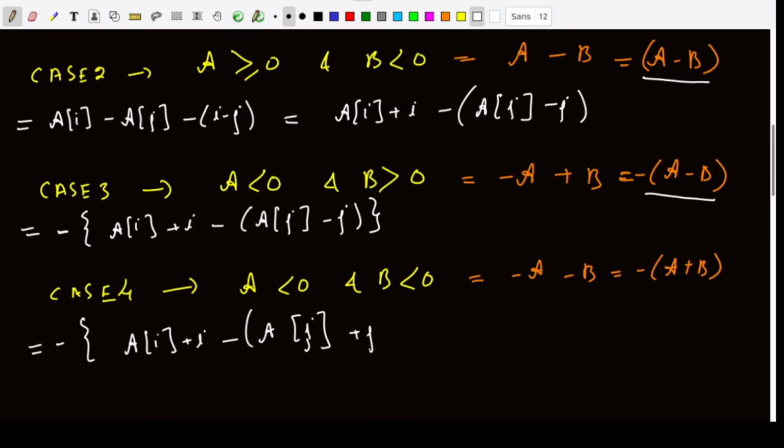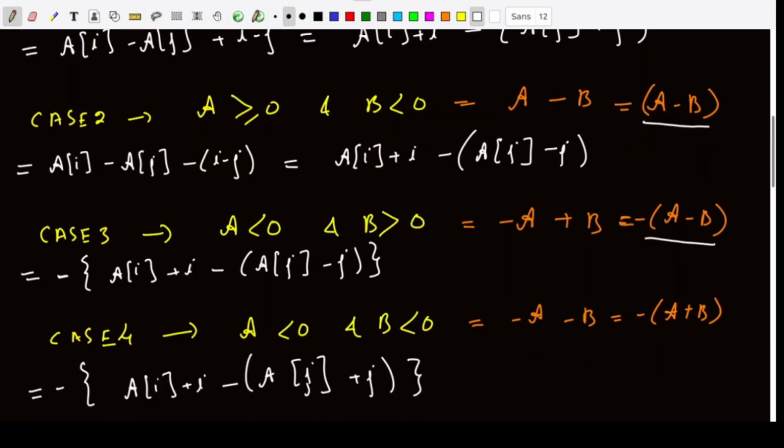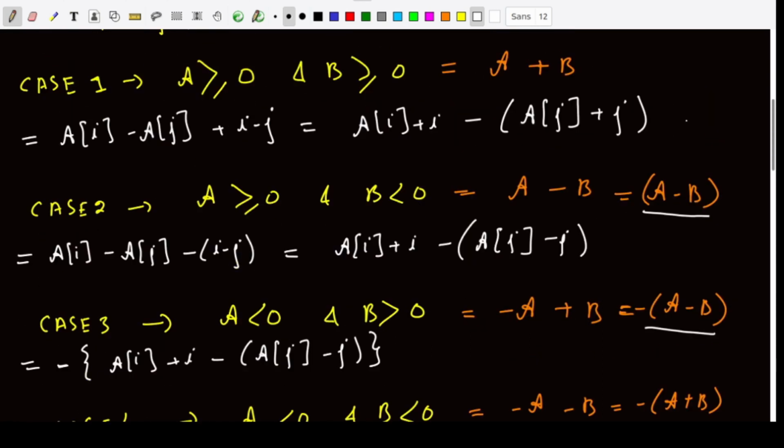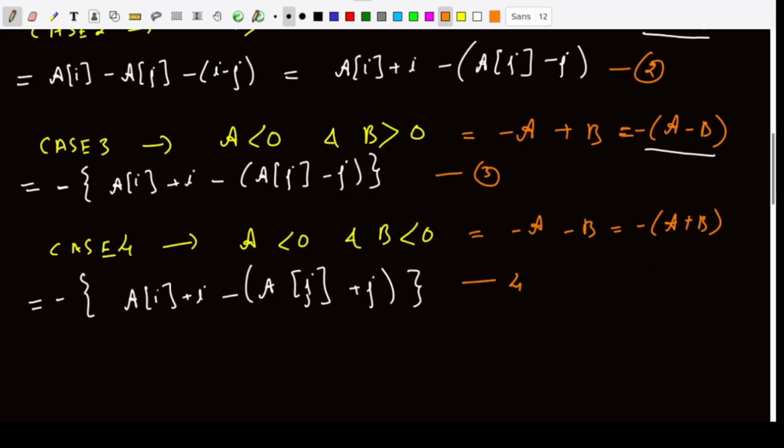Yeah. Okay, so these are the 4 equations which we will get. So this is our equation 1. This will be our equation 2.